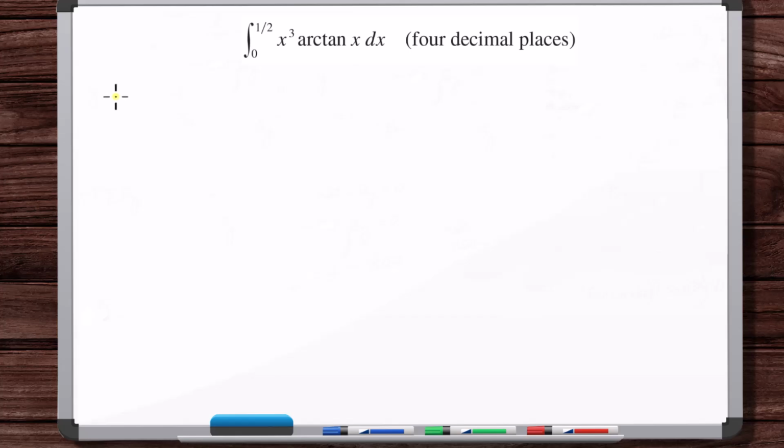Okay, so we've got the function x cubed, so this is x cubed times the sum of minus 1 to the n.